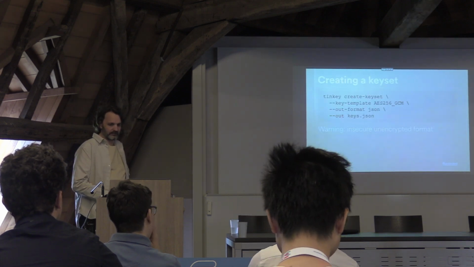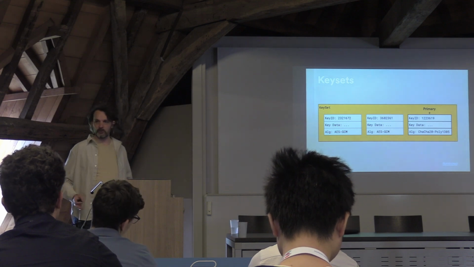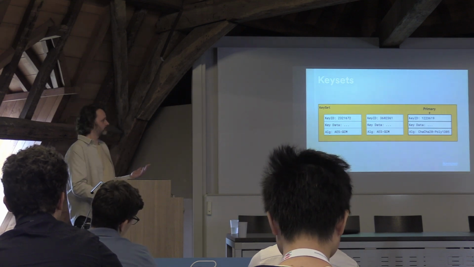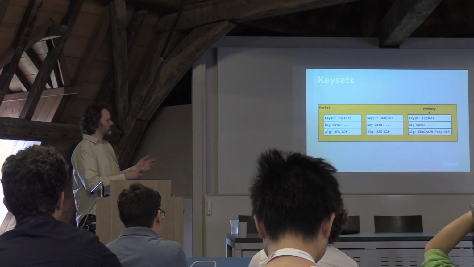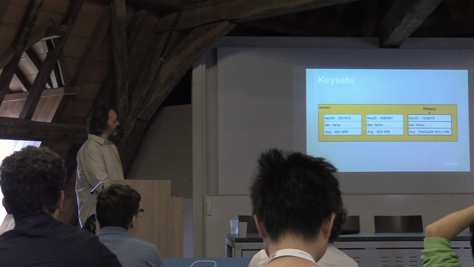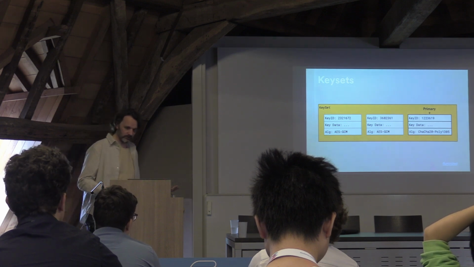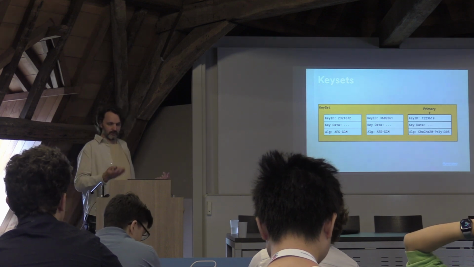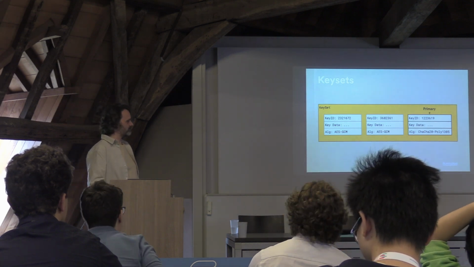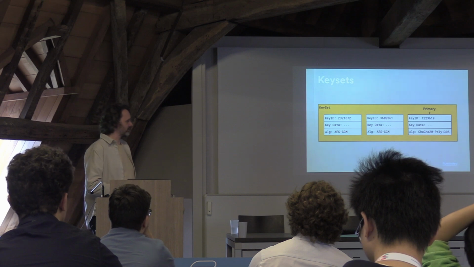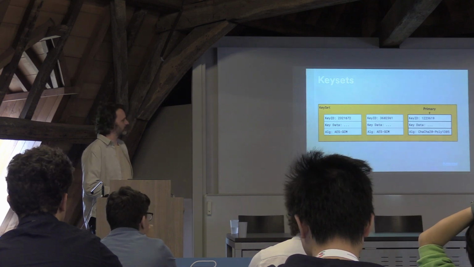So all of the keys in a keyset, where is it? There we go, are supposed to be for the same purpose. So let's say you're encrypting your database or something like that, and you've started over here with this AES GCM key, thinking that's a good algorithm to use. And then you're rotating it, and at some point maybe somebody's found a security vulnerability with AES GCM, or less likely, you just, for regulation reasons or something, want to move to a different algorithm.